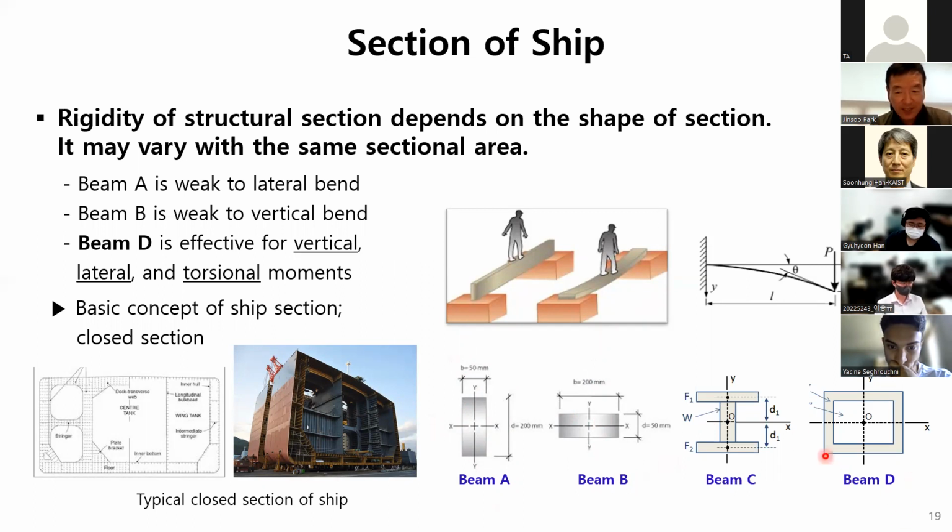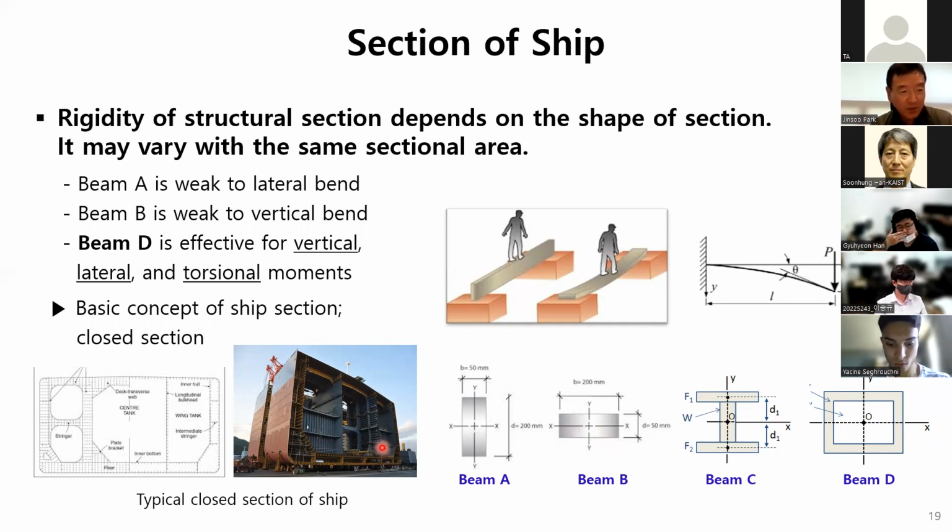However, beam D is very effective for vertical and lateral bending, and also effective for torsional moment. So it's called a closed section. So the basic concept when designing hull sections is to make it a closed section as much as possible. If we need an opening, we make the opening as small as possible.